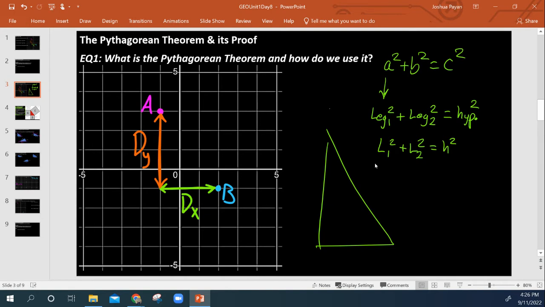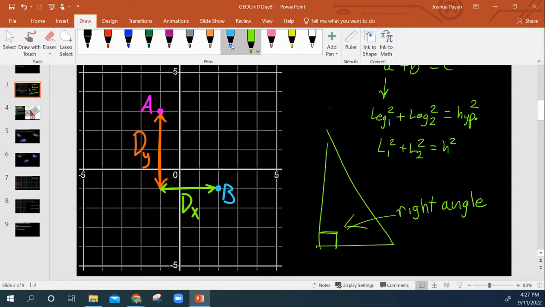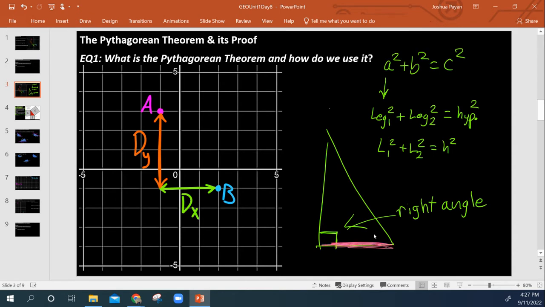A right triangle is called so because it has, that's right, you guessed it, a right angle. And the two sides of the triangle that form the right angle, this one and this one, the two that are perpendicular to each other, they are in fact the legs, right? So the legs actually form the right angle.